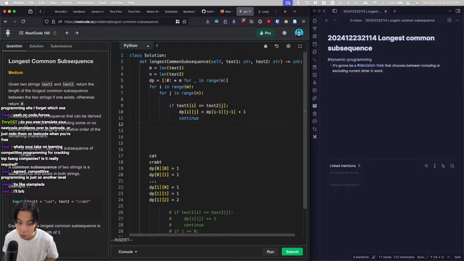Otherwise if they're not equal, then I guess you can go else: dp of something, and dp of something else.